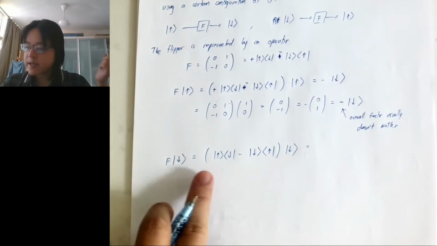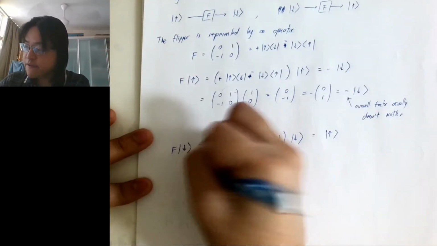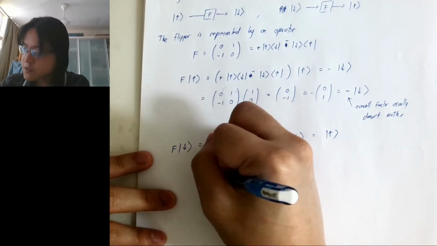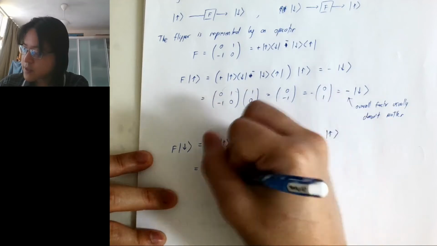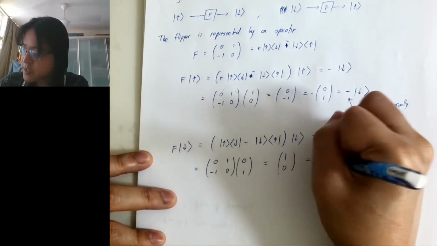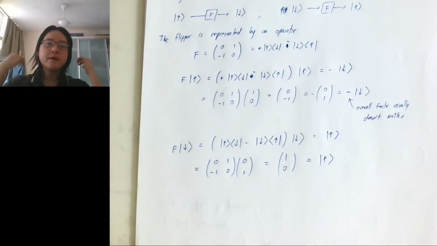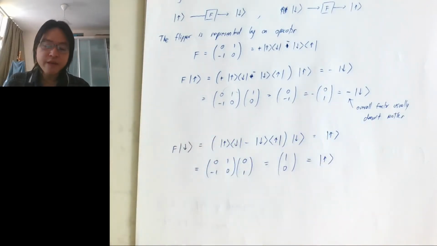Or if you are still not comfortable with doing this, then we can always do the matrix form, 0 1. So what we find is 1, and then you got a 0, which is just the up state again, right? So this is the flipper operation, right? It acts on the up state to give you the down, and the down state to give you an up.